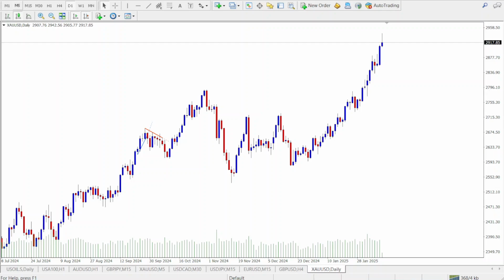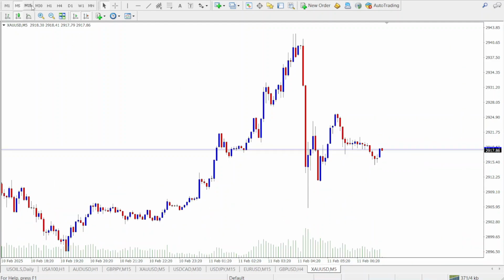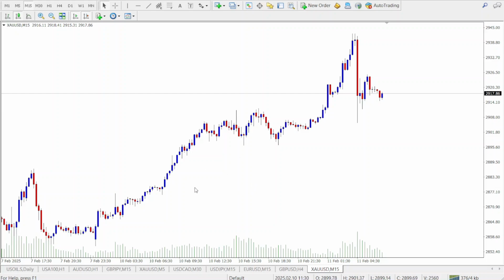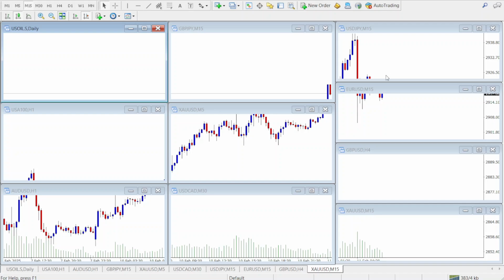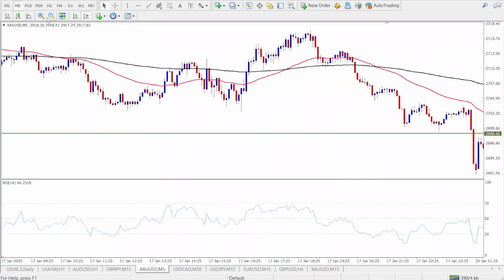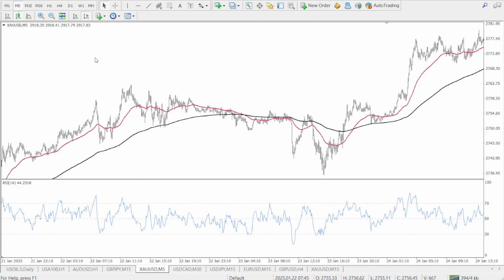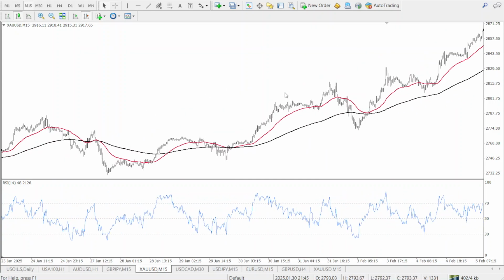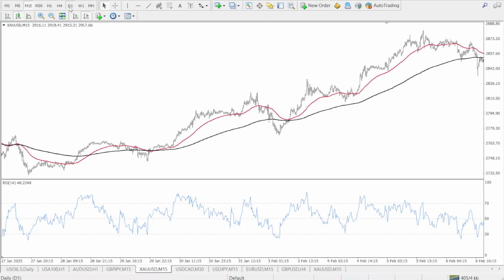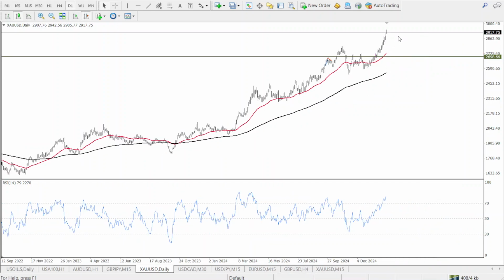Unlike the 5 minute or the 15-minute charts that show constant price fluctuations, the daily chart gives you a cleaner and more reliable view of price action. No more getting faked out by short-term volatility.